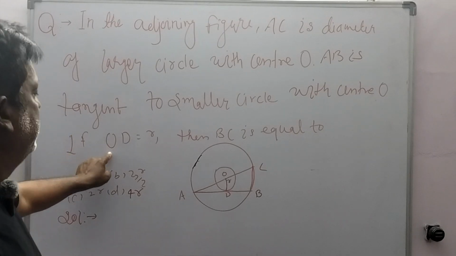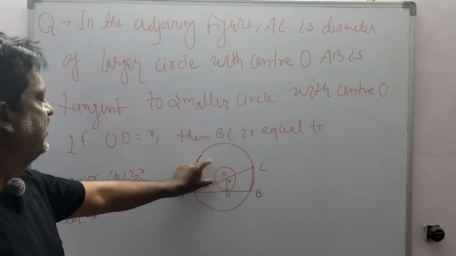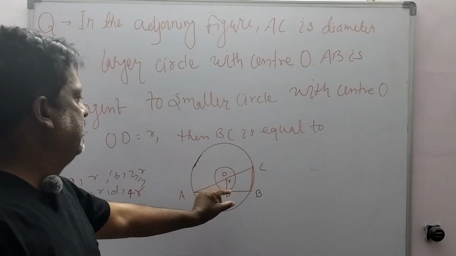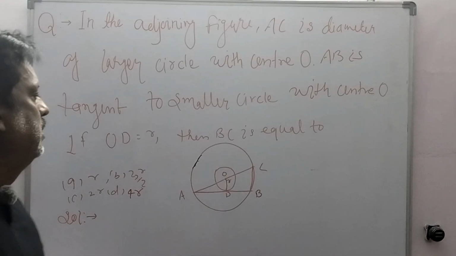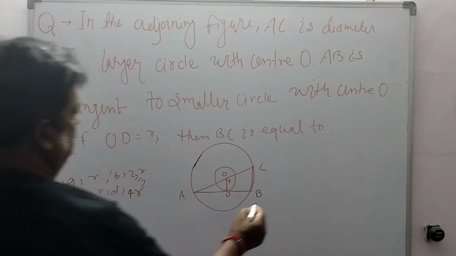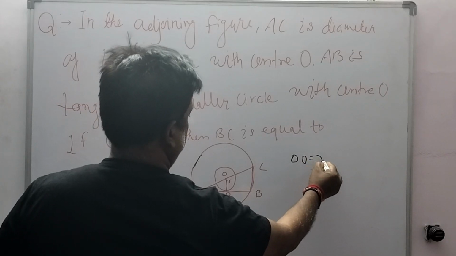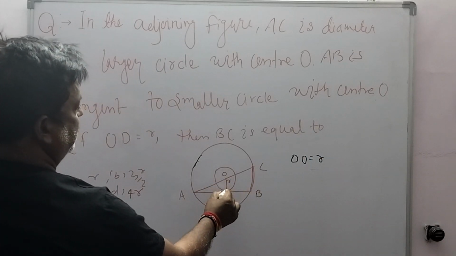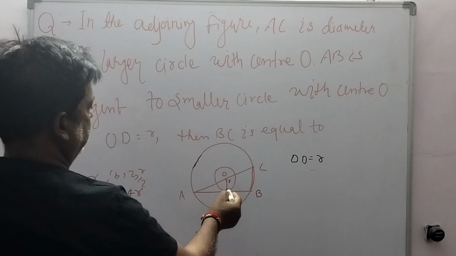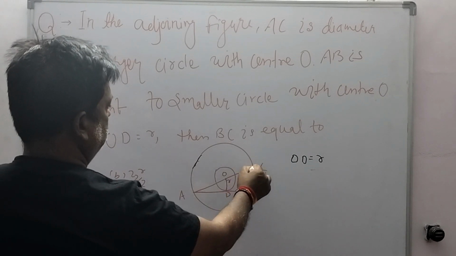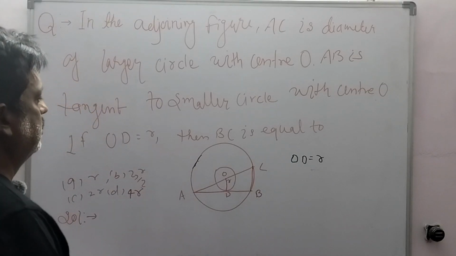If OD equal to R is given, only we are given that OD equal to R, then we have to find BC. OD is the radius of the smaller circle. And BC is one line from B to C in the bigger circle.